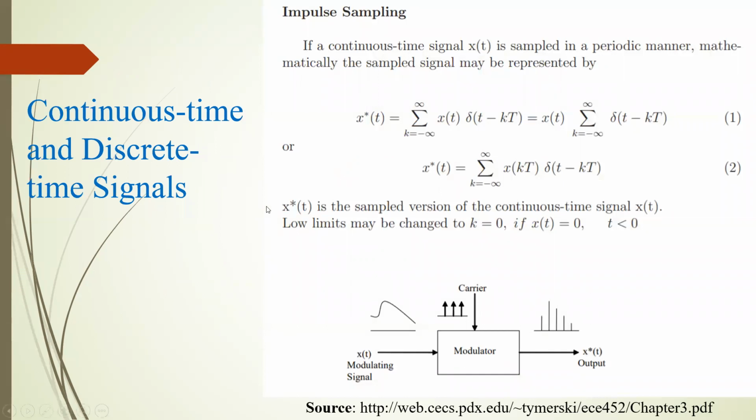So let us first understand the basic difference between continuous time and discrete time signals. An example of a continuous time signal is given here. This is our continuous time signal, and the corresponding discrete time signal is given here.